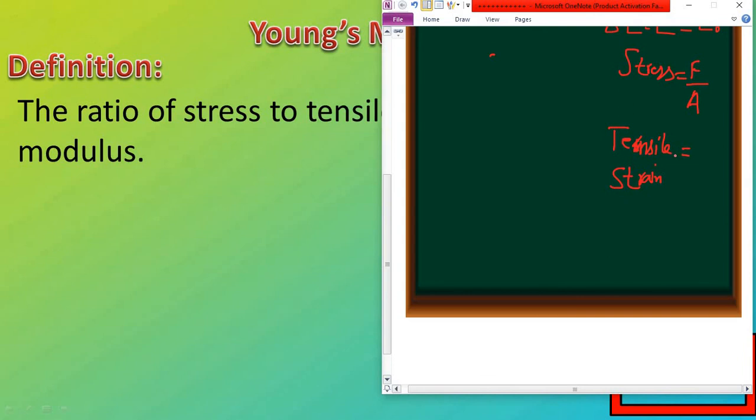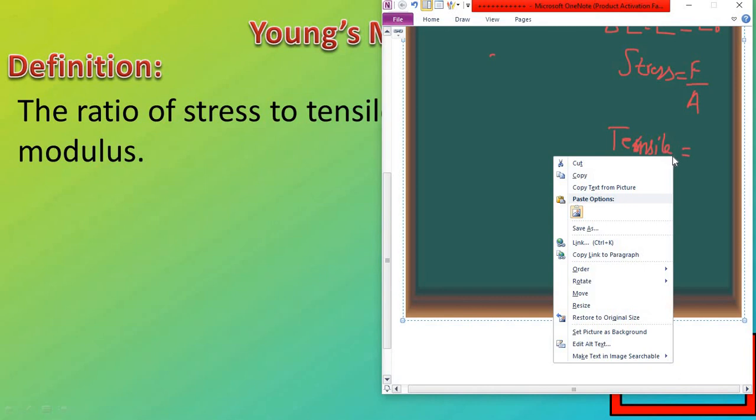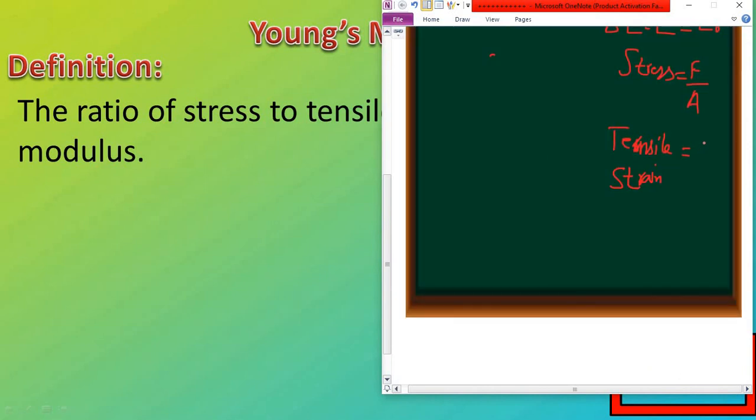The formula of tensile strain is change in length over original length. So here I write the change in length is L minus L naught, divided by the original length, that is L naught, and the change in length is del L over L naught.